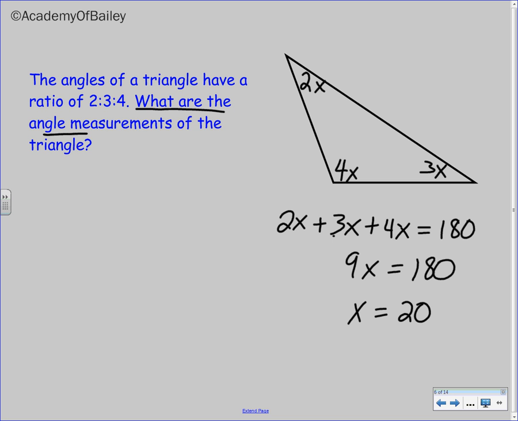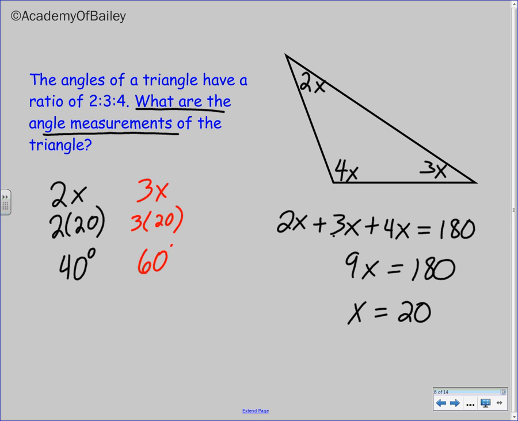Question, what are the angle measurements of the triangle? We have 2x, which would be 2 times 20, so that is 40 degrees. We have a 3x, which is 3 times 20, which is 60 degrees.